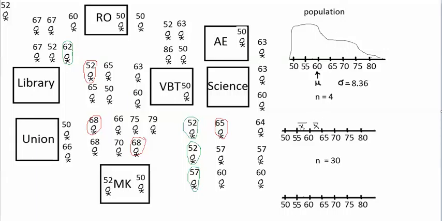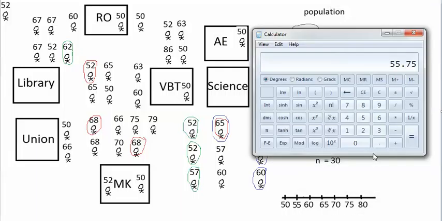So what if I go out this time and I end up getting this person right here, this person right here, this person, and this person, and now I calculate my sample mean. Well, these four people in the blue circles are going to probably have a sample mean that's different than these first two sample means right here.